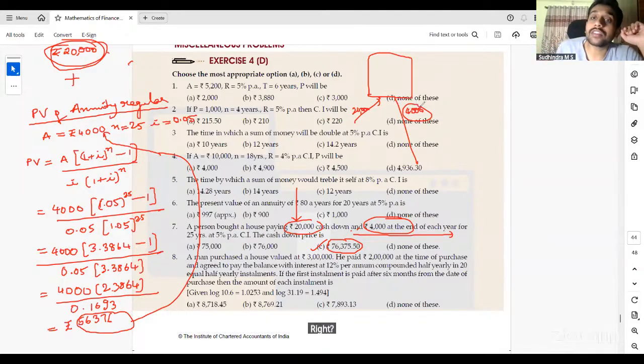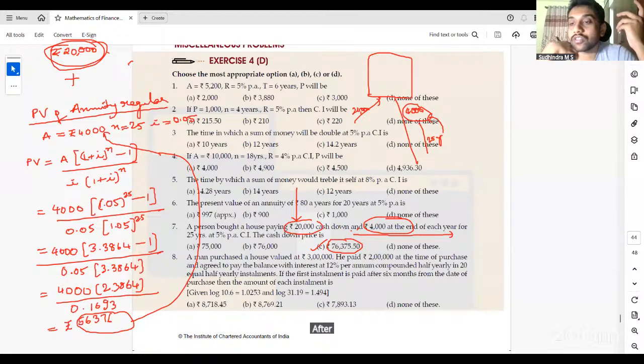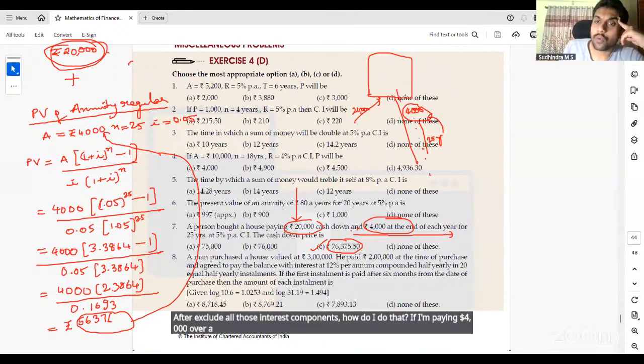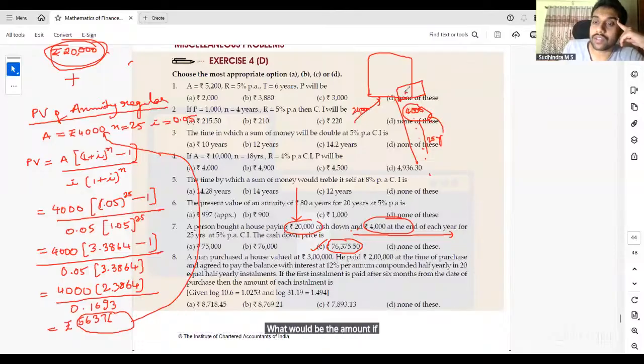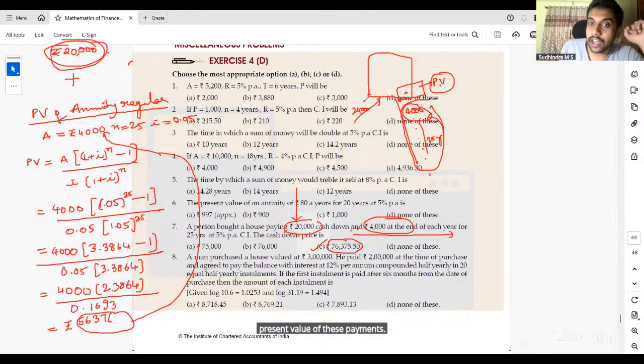Right? Because he is paying this 4,000 rupees over a period of 25 years, there will be some interest component included in that. I have to exclude all that interest component. How do I do that? If I'm paying 4,000 over a period of 25 years, what would be the amount if I pay today or if I receive it today? I have to calculate the present value of these payments. Second, this 20,000, when did I pay it upfront?